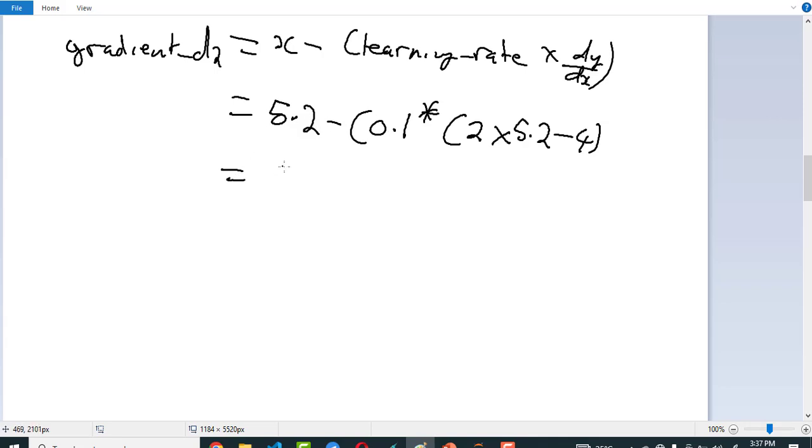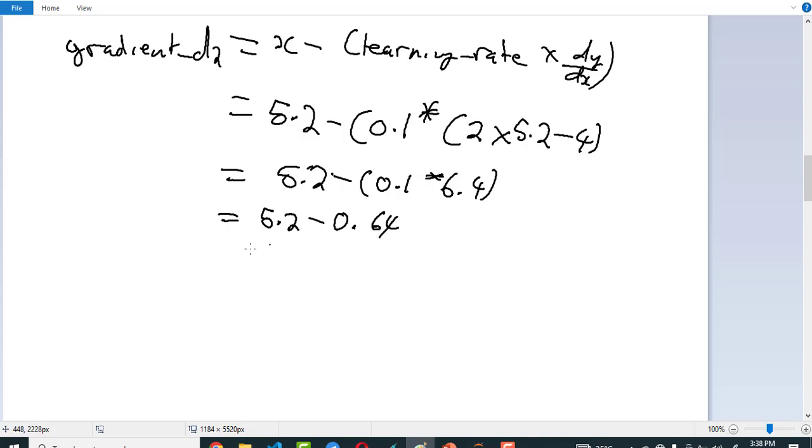That gives us 5.2 minus 0.1 times 6.4. If we compute this, we get 5.2 minus 0.64, and finally we have 4.56.